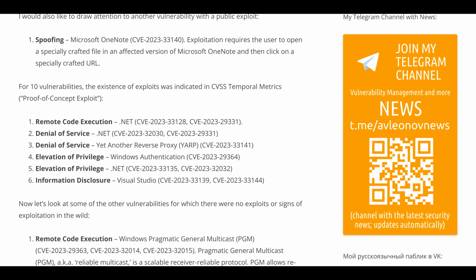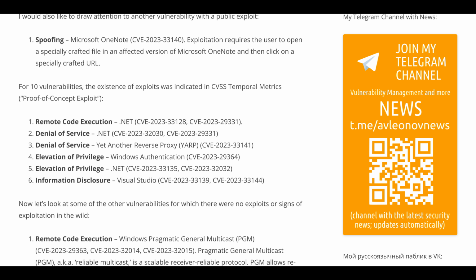Remote code execution in .NET, CVE-2023-33128, CVE-2023-29331. Denial of service in .NET, CVE-2023-32030, CVE-2023-29331. Denial of service in yet another reverse proxy, YARP, CVE-2023-33141.